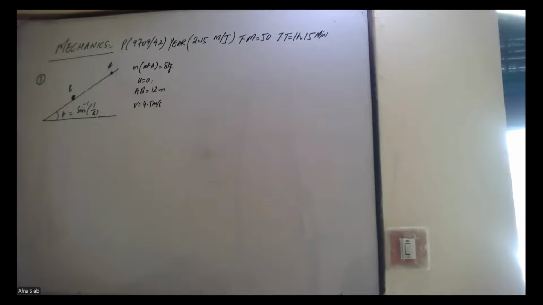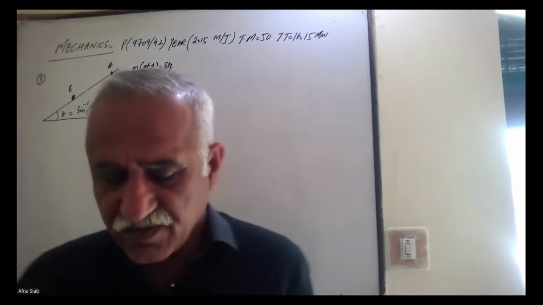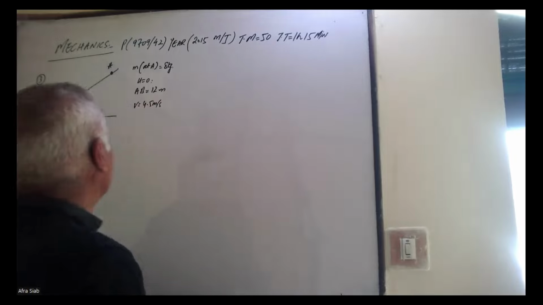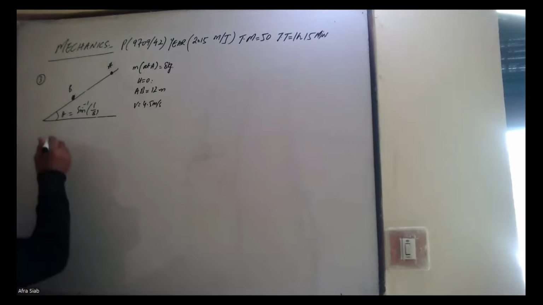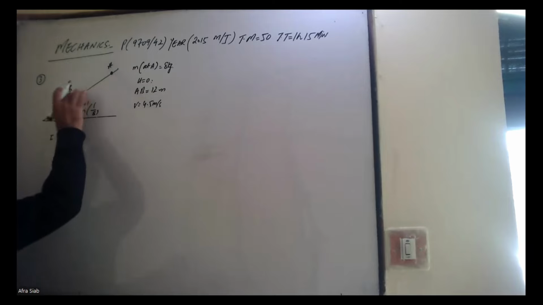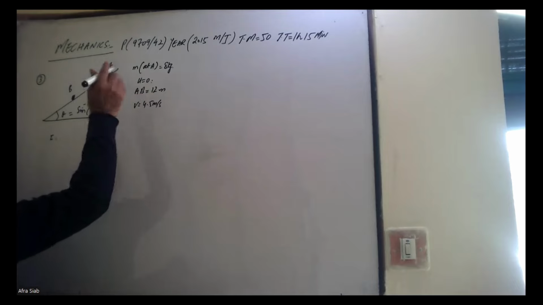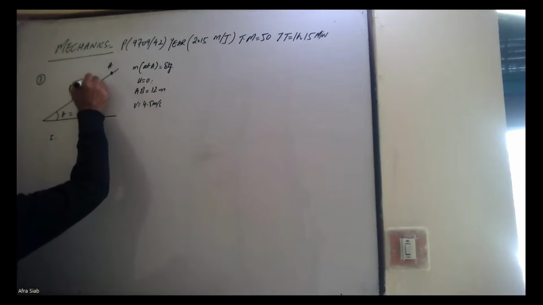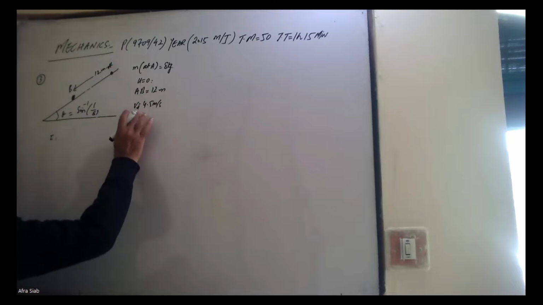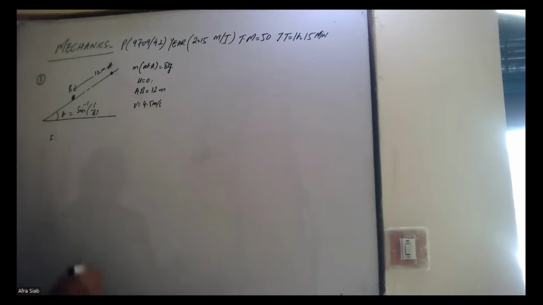Now, they are asking two things in the first part. A is higher than B. It starts from rest. AB distance is 12 meter. And at B, when it is going to pass that point, its speed is 4.5 meters per second.